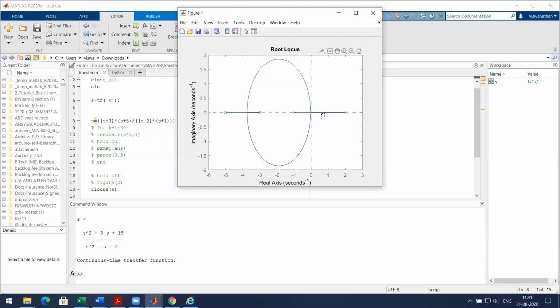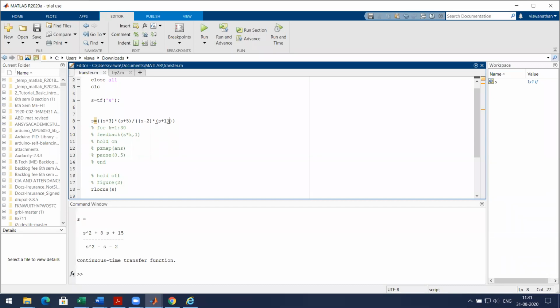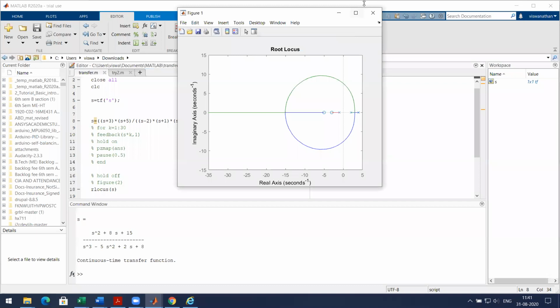And then this pole comes here, meets over here, and then goes to this zero. Now if I add another pole, what will happen to the root locus?